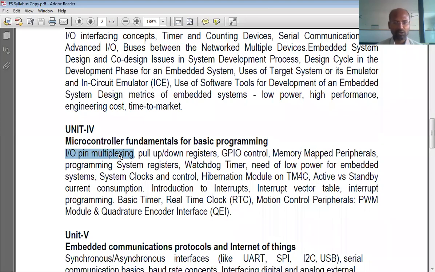No, it is not true in general. Many pins are used for various purposes. The same pin can be used as an input pin or an output pin. The same pin can be one of the pins in I2C communication or SPI or USB communication. The same pin can be used for multiple purposes. That is IO pin multiplexing. Multiplexing means the same pin can be used for different purposes.